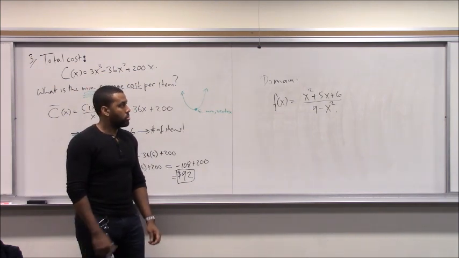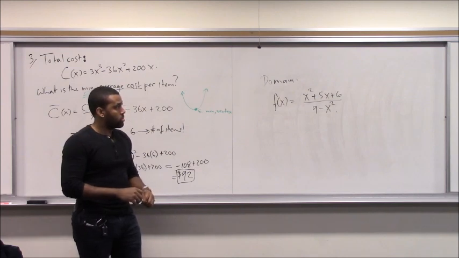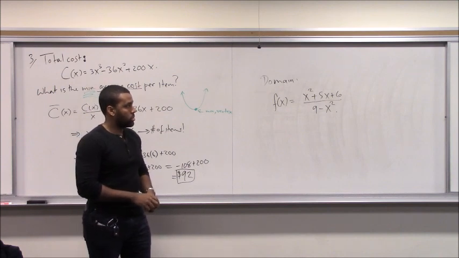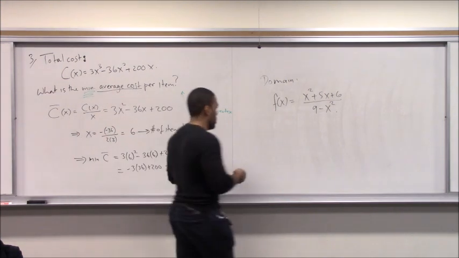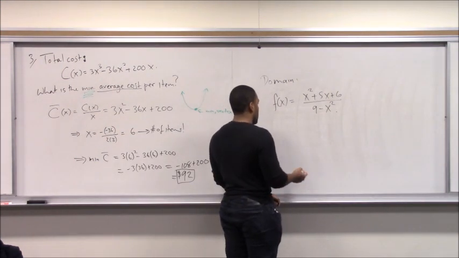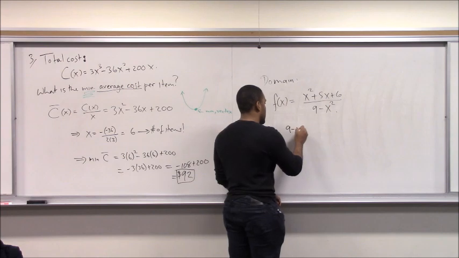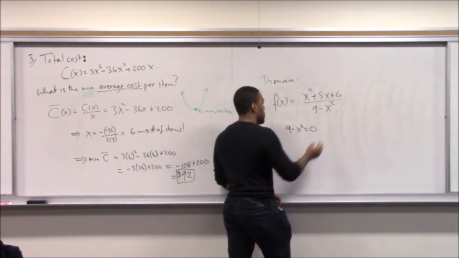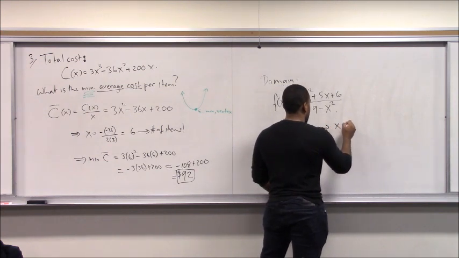To find the 0, to see what it cannot be equal to, because it cannot be 0, or else it will be undefined. Okay, so pretty much the answer is to set the denominator equal to 0. You don't care about the numerator. Factor it, and solve for x, and you'll get x equals plus or minus 3.